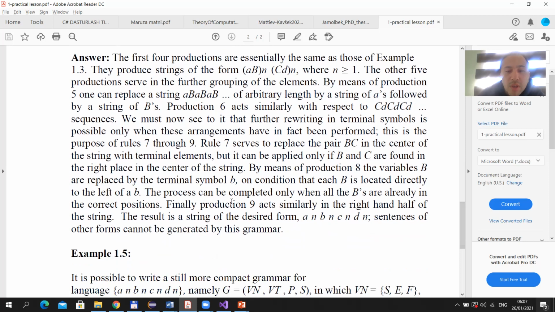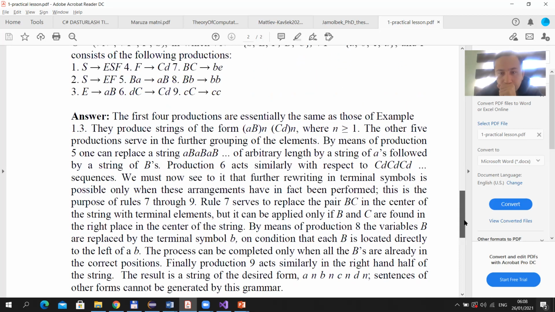The process can be completed only when all the B's are already in the correct position. Finally, production 9 acts similarly in the right-hand half of the string. The result is a string of the desired form A n times B n times C n times and D n times. Sentences of other forms cannot be generated by this grammar.